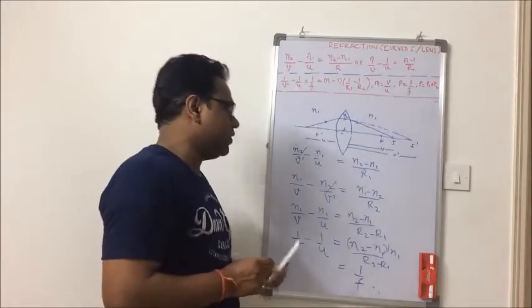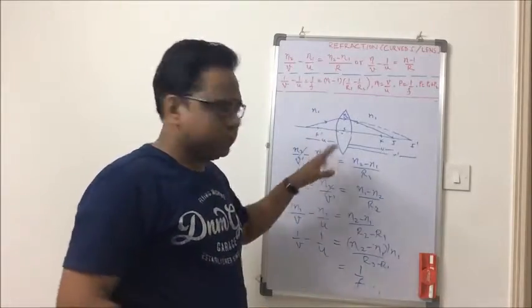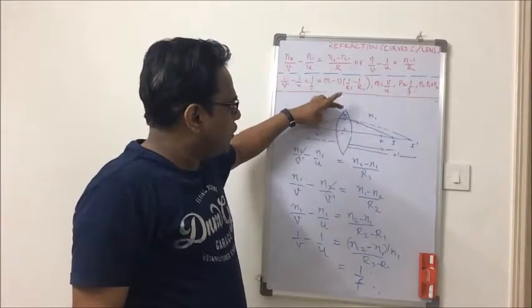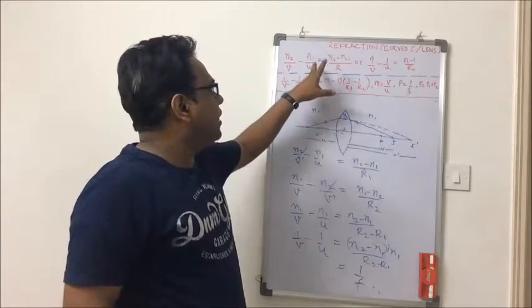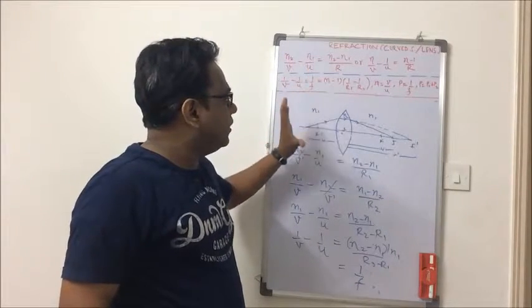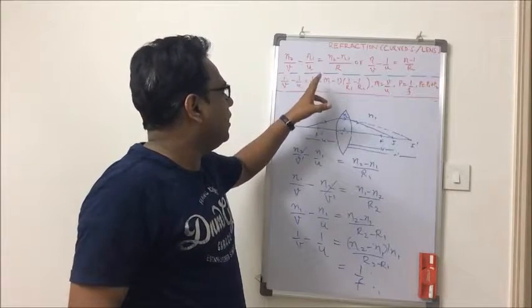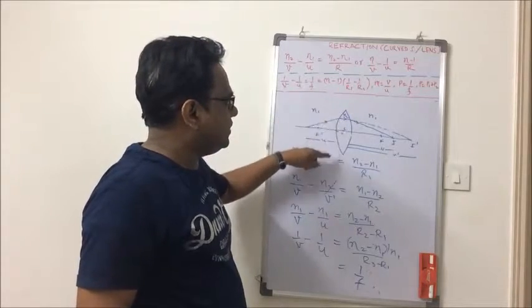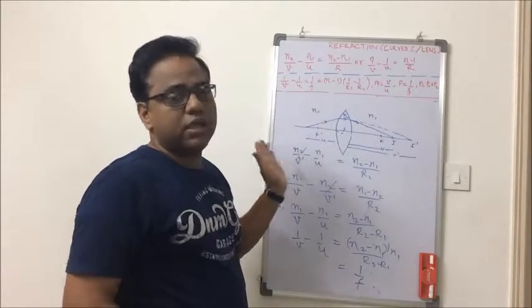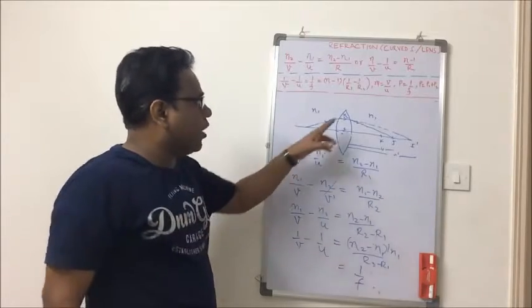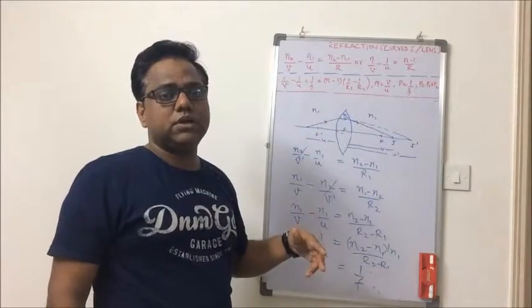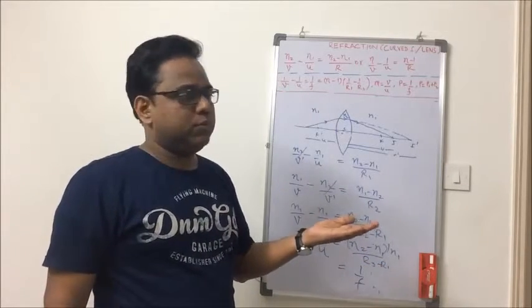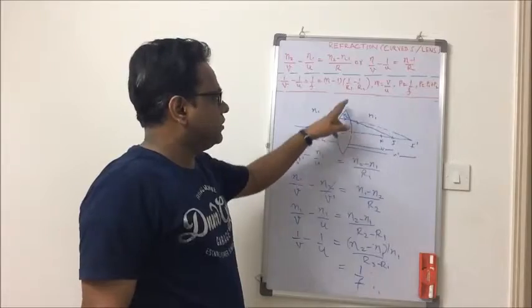Alright, okay, so what we did here, just to recap so that you remember, we did nothing, just application of the formula of curved surface two times, one at this, another at this, and the image formed by the first surface becomes the object for the second surface, and the final image position becomes the image for the second surface.